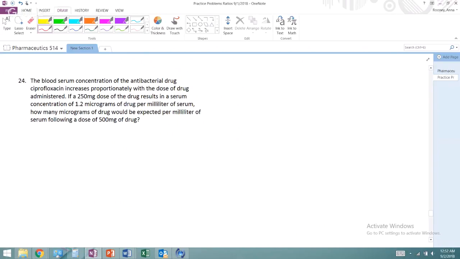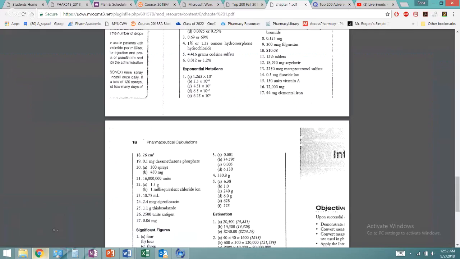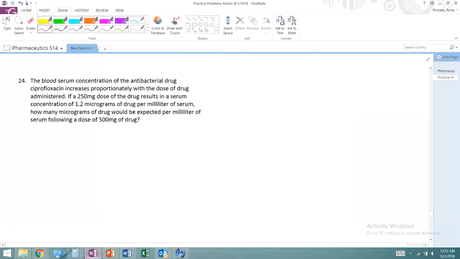Okay, let me just look at this. Where's that? Did it double it? 2.4 ciprofloxacin. Let's look at the question. 1.2, so 2.4 is the double. So it's 250 milligram. I'm doing this in red.